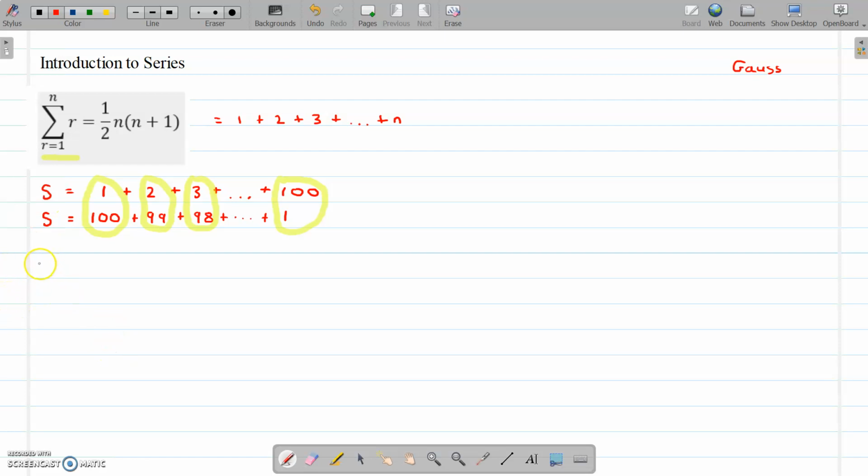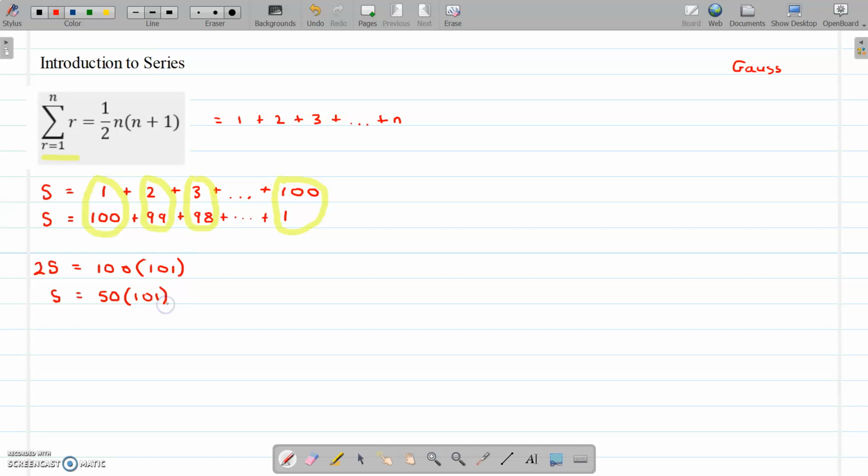So he concluded that 2 lots of s equals 100 lots of 101. Okay, and therefore if 2 lots of s make 100 lots of 101, then 1 lot of s would be half of that, which is going to be 50 lots of 101.